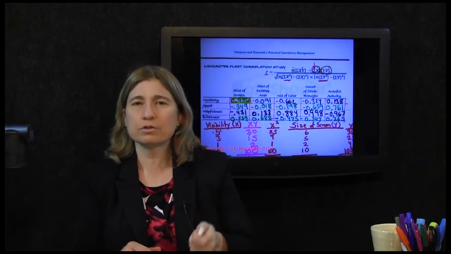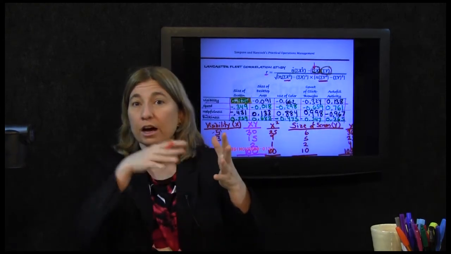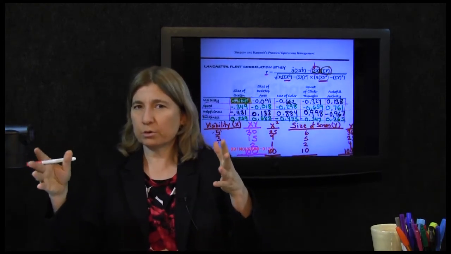It always results in a number between 1 and -1. If the number is very close to 1, we say there's a very strong positive correlation between those two sets of data. When in one set of data the numbers tend to be high, in the other set of data, same thing, the numbers tend to be high. They seem to travel with each other.